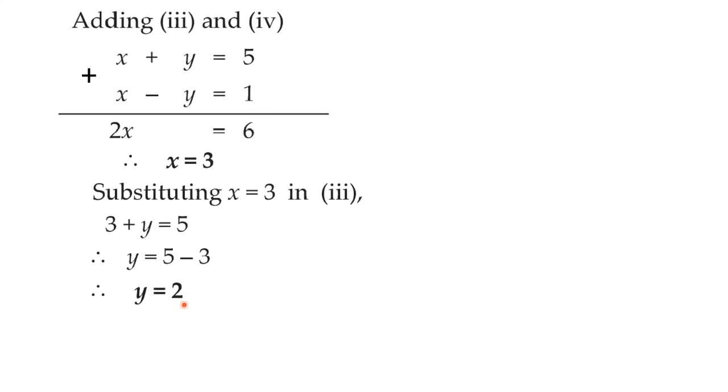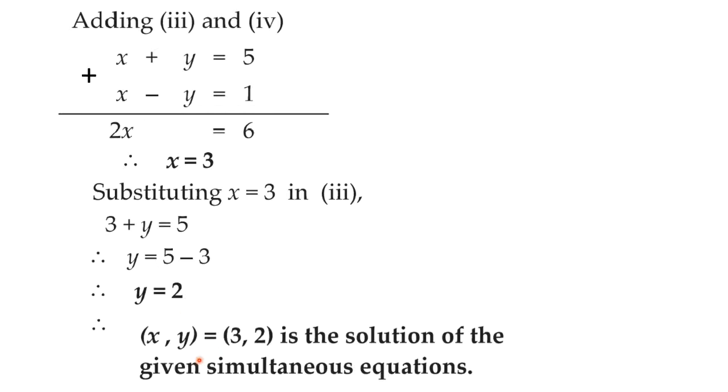Now this solution you can write in the form of a statement like this, or simply you can write down solution is equal to (3, 2). It's an ordered pair, so always write it in brackets, and always the order should be x comma y.